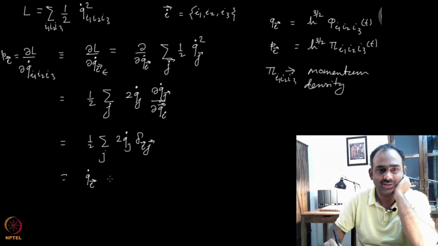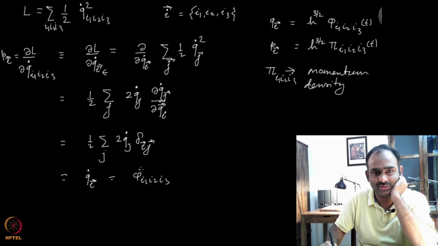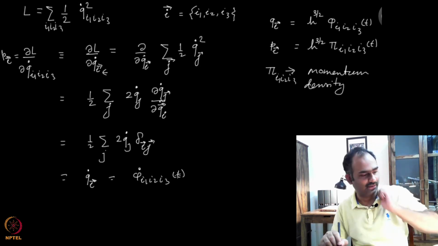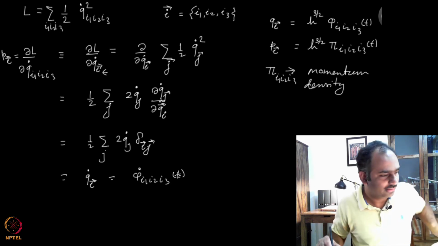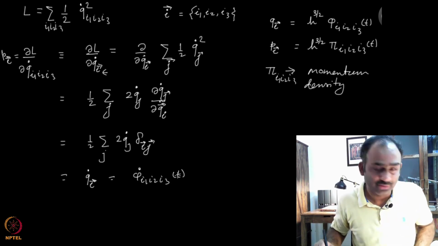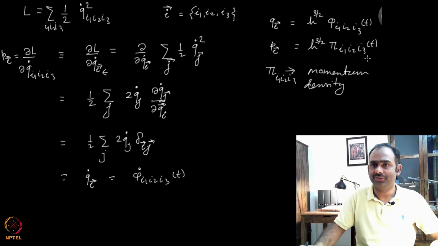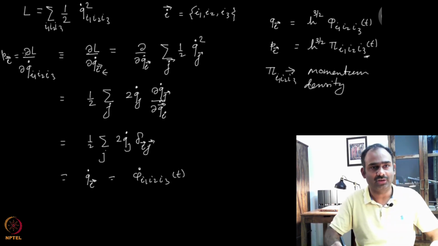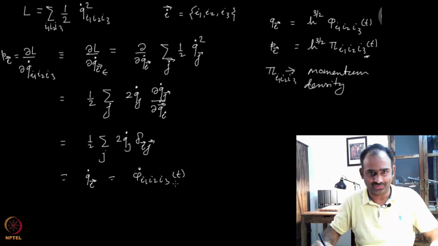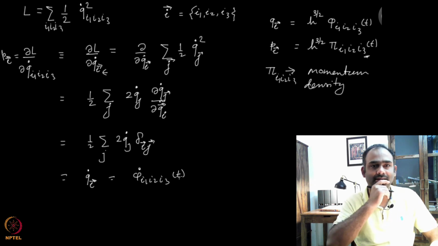So, here in this case you have pi_i equal to phi_i dot. That is good, that is some notation I have introduced. We have found out what the conjugate momentum is, and this turns out to be phi dot. Good. Now, something is missing.